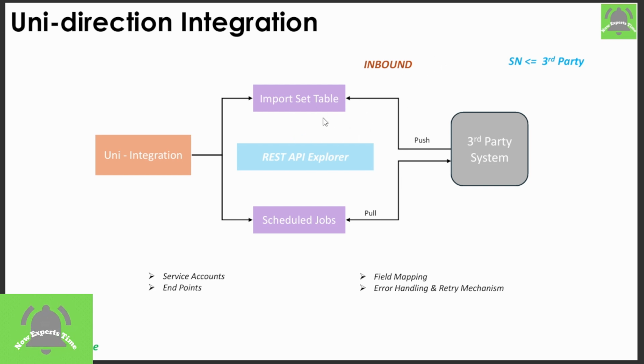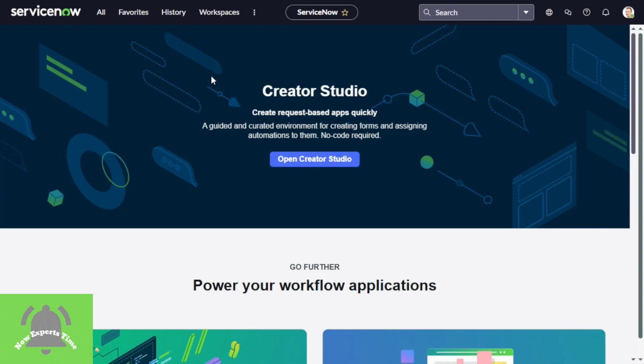So when we talk about this, the main point is the service accounts and endpoints. How to create those service accounts and endpoints is pretty important in our import set table. So to understand this concept, we go to the ServiceNow instance.